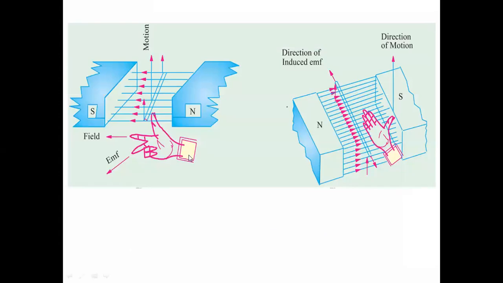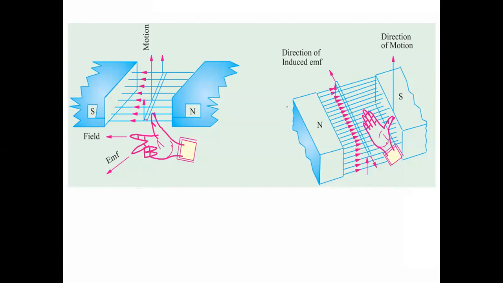So this is Fleming's right hand rule. If you put the thumb, forefinger and middle finger of the right hand perpendicular to each other, the forefinger represents the direction of the magnetic field, and the thumb represents the direction of the motion of the conductor, perpendicular to the field.